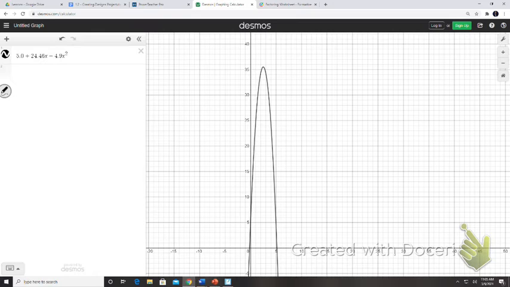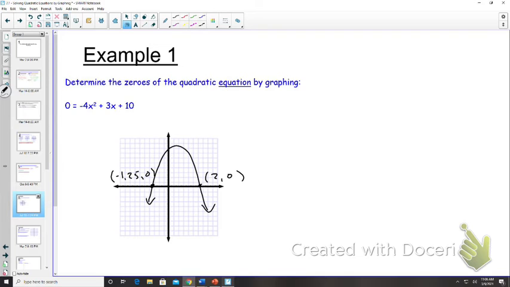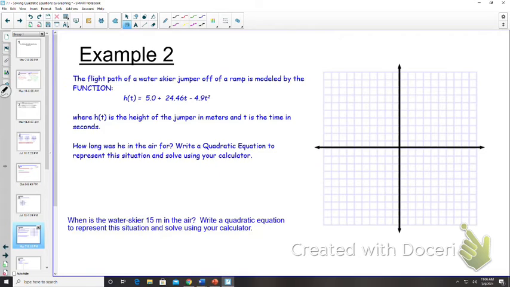It's asked, how long was he in the air for? Write a quadratic equation and solve using your calculator. So how would that look as a quadratic equation? This would be a function, right?